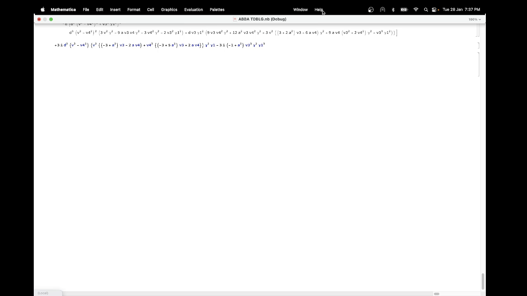This is 5 into 4 into 3 into 2. So 2 and 2 get cancelled. 3 factorial is basically 6. So this becomes 4.